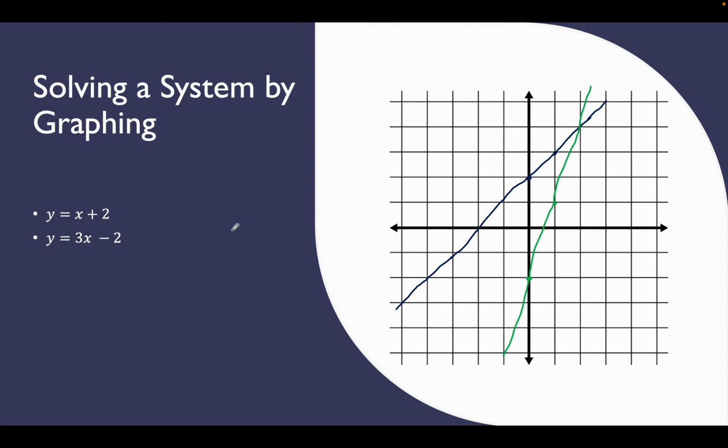Alrighty. Remember, a solution is a point that is true for all of them. Notice where the two lines intersect. It looks like it intersects right here. What is that coordinate? Let's go over until we find it, this x term looks like it's a 2.